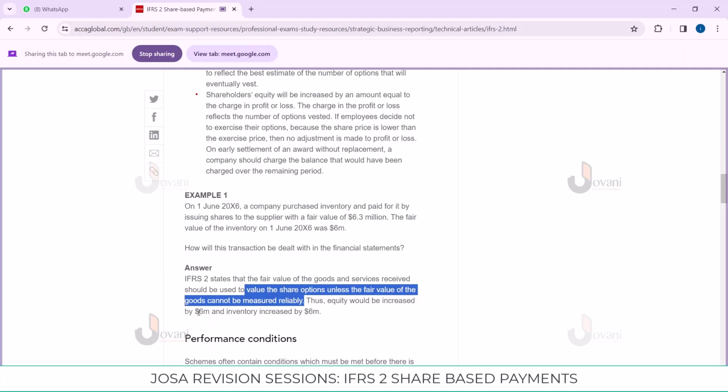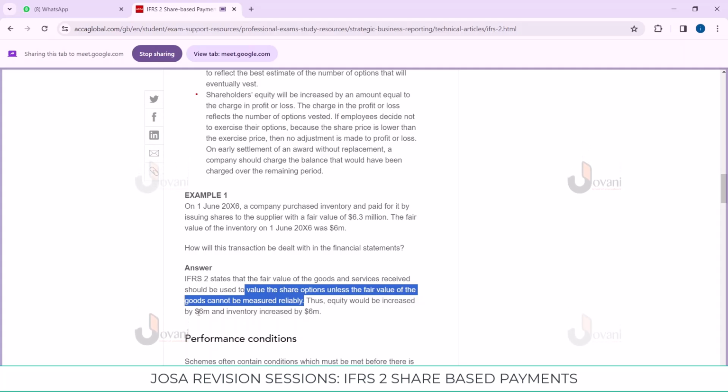That is what we call service condition. A service condition requires an employee to work with the company for a given period of time. Meaning that if you do not complete the years, you have not qualified to buy those options at the exercise price. Now we have what we call performance conditions.